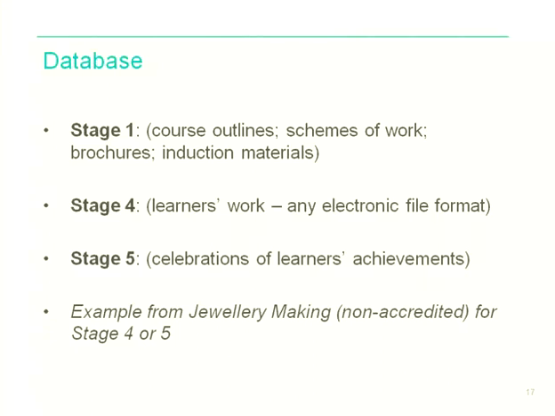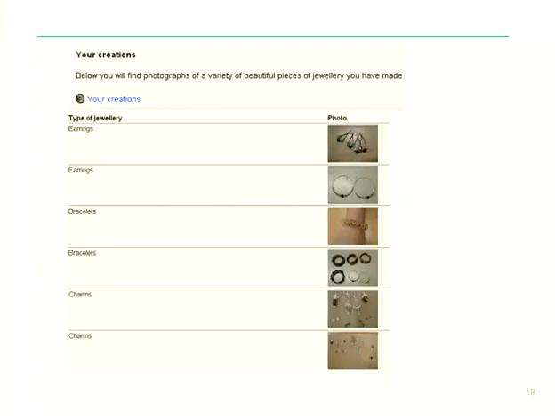Database you could use for three separate stages. And we do use them for all three, but I'd like to give you an example for stages 4 and 5, where we have a jewellery making course on Moodle, and the tutor has put up photographs of the learners' work, which she does on an ongoing basis.